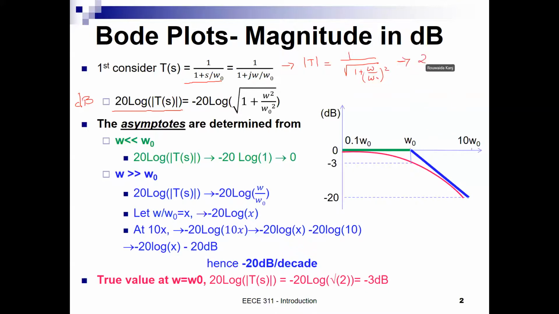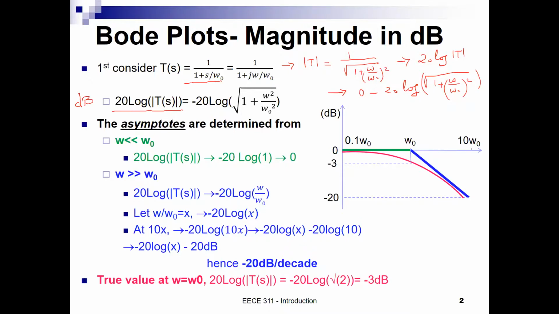This means that the 20 log magnitude of T is equal to 20 log of 1, which is 0, minus 20 log, all base 10, of the square root of 1 plus omega over omega 0 all squared.